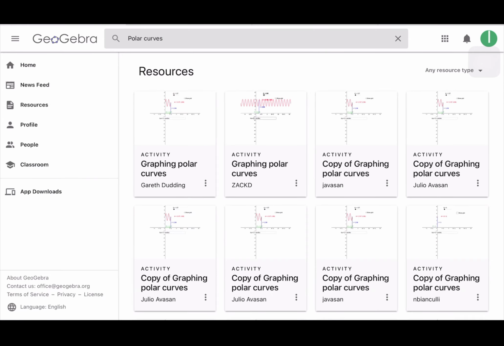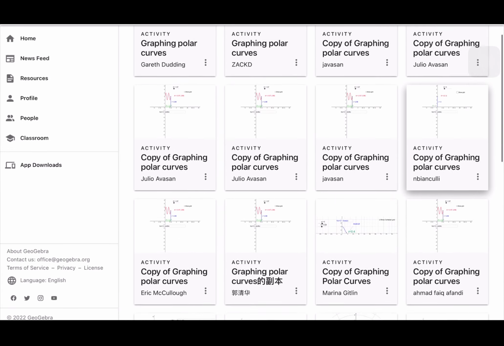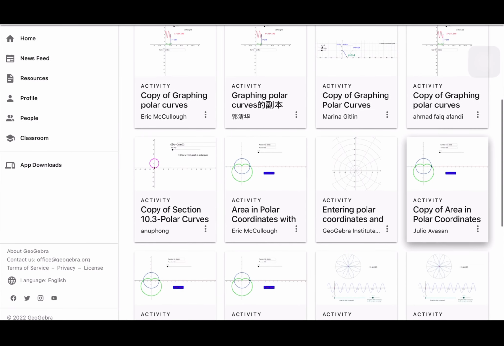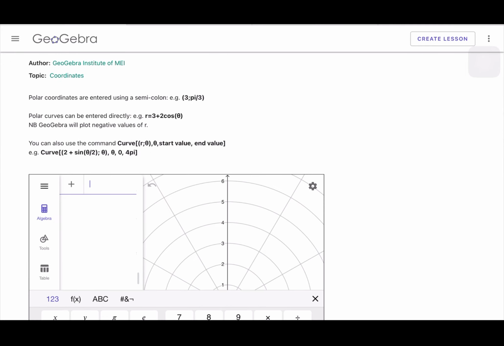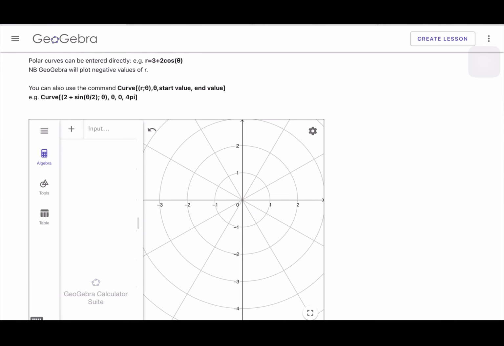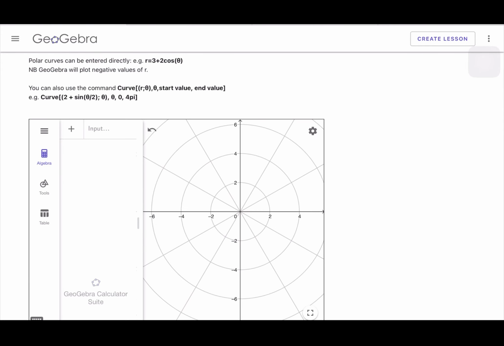There are some activities that you can do, but I would like to suggest the polar coordinate system. Someone already prepared it for you here. So this is the polar coordinates. Like I said, we have circle and circle and circle.